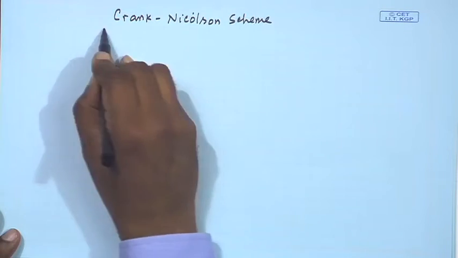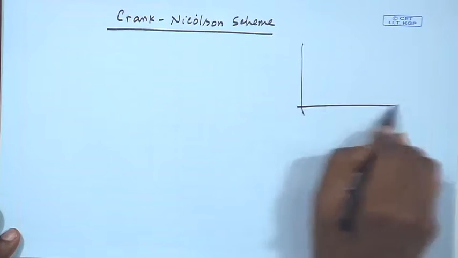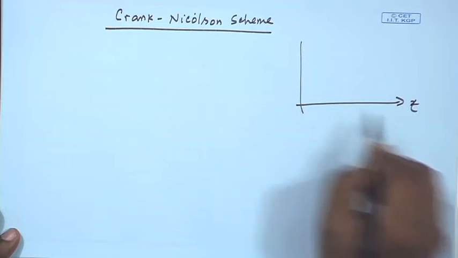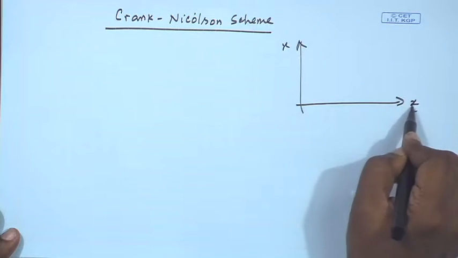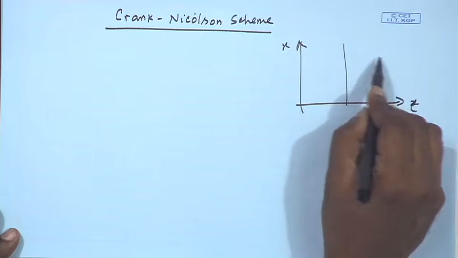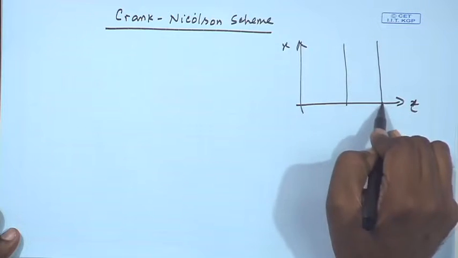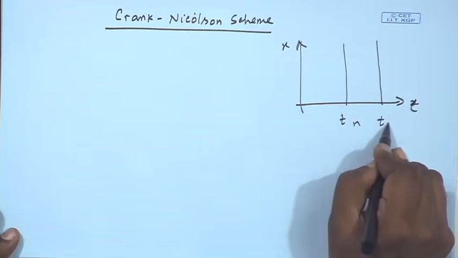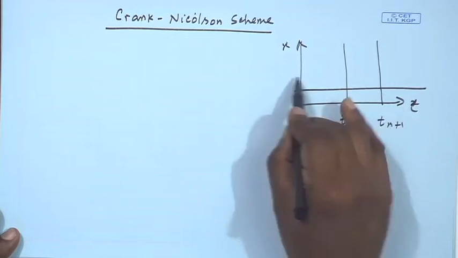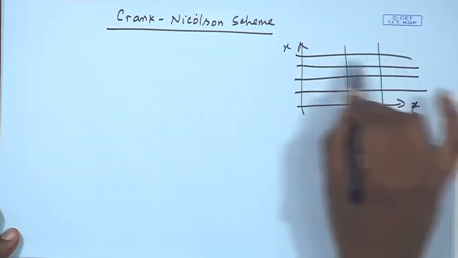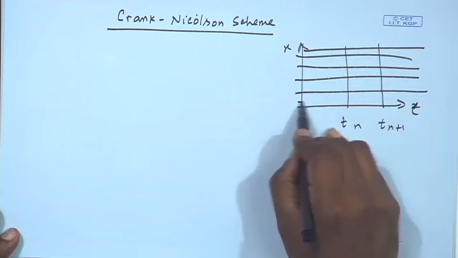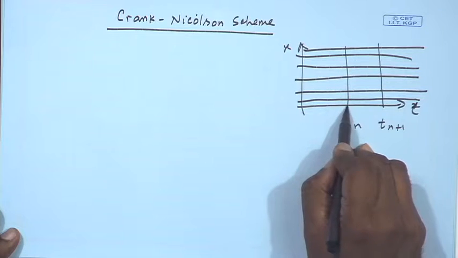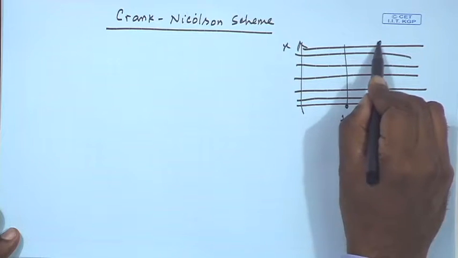Here, this is t, this is x. Say this is Tn, this is Tn plus 1. You need to find the solution at Tn plus 1 using the solution at Tn.